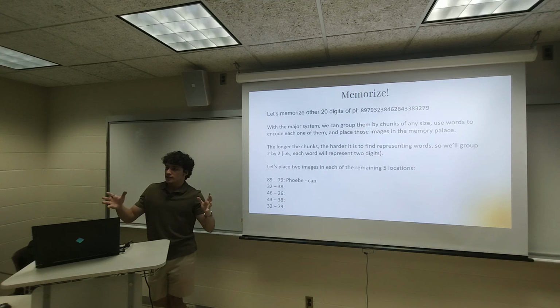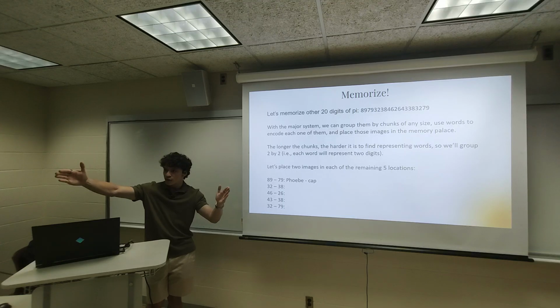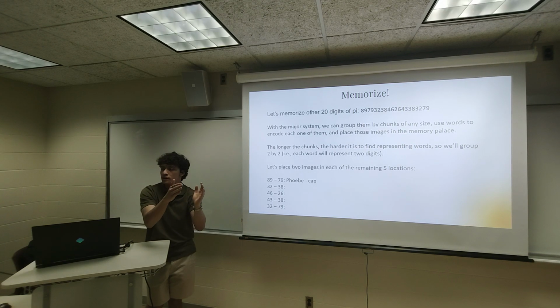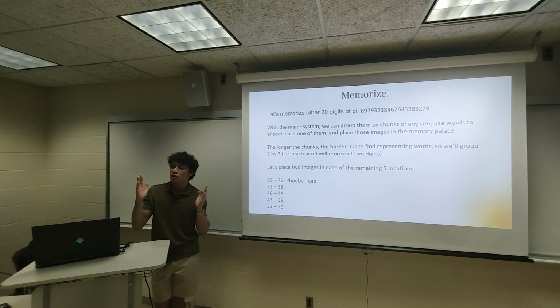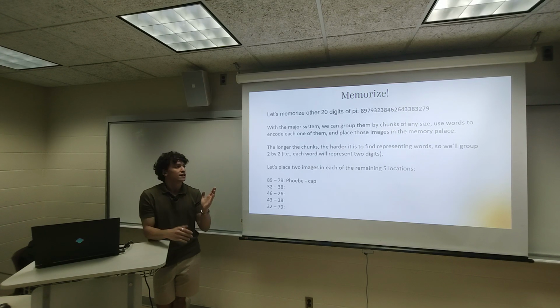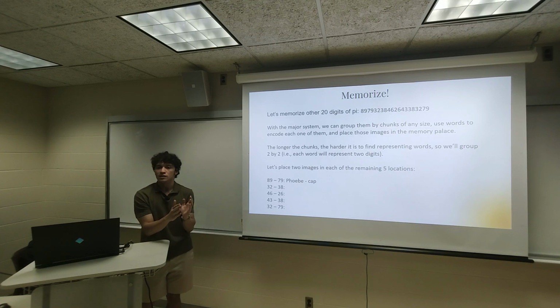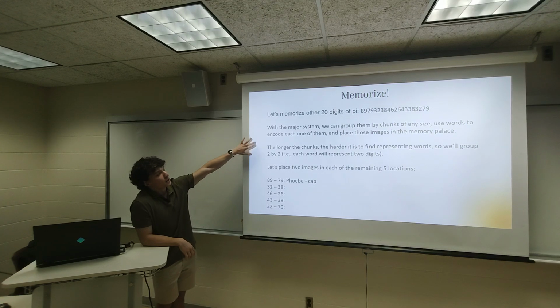The longer the chunk is, the fewer words available you have, right? It's harder to find a word that matches 5 sounds than it is to find a word that matches 2 sounds. So the shorter it is, the easier it is, but the longer it is, the more efficient your images are going to be. So we want to strike this middle point of effectiveness and efficiency. So we're going to do 2 by 2.